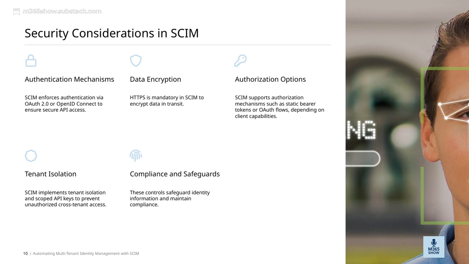Finally, authentication is enforced through robust mechanisms like OAuth 2 or OpenID Connect. These protocols ensure that only authorized users and systems can access the APIs, adding another essential layer of security. Overall, these controls work together to protect sensitive identity data and help organizations stay compliant in a multi-tenant environment.